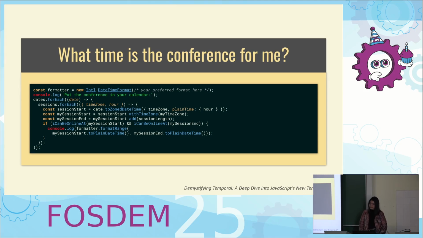But to get it in my time zone, we get my session start in my time zone using with time zone, and then we get the session end time by adding the session length, which was a duration object, using the add method. And then we call the comparison method and check if I can be online at the start time and the end time. And if I can be, then we just format the output and print it.